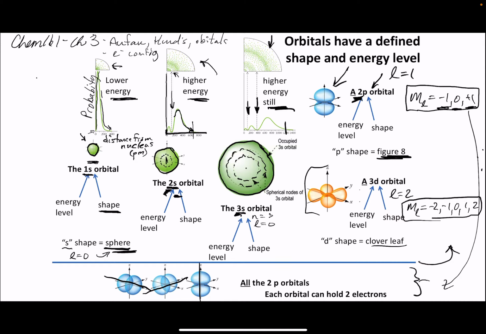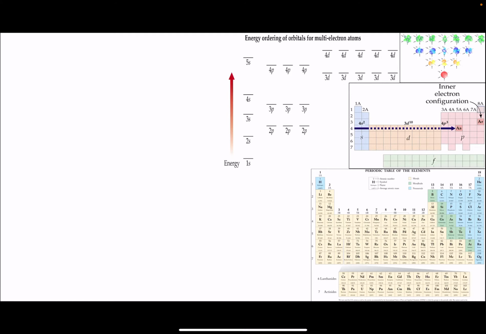Okay, so that is how we kind of think of electrons as waves, and now we have orbitals for them. And we now need some tools to be able to predict the order in which they would be located on an energy scale. Okay, so we've shown this before, where we had an energy scale shown here.